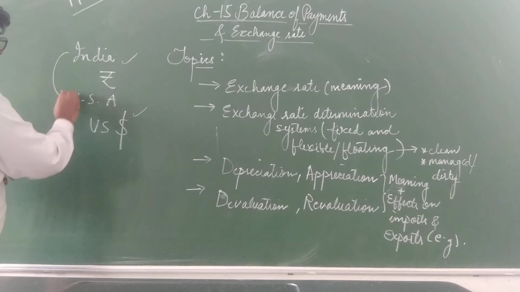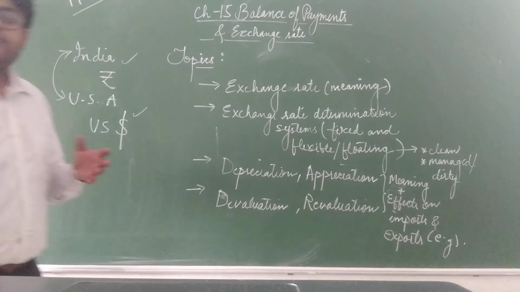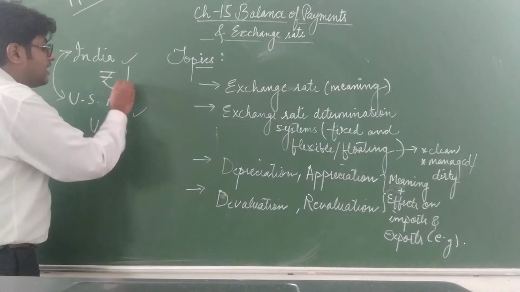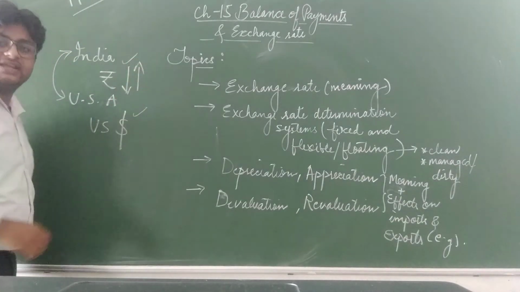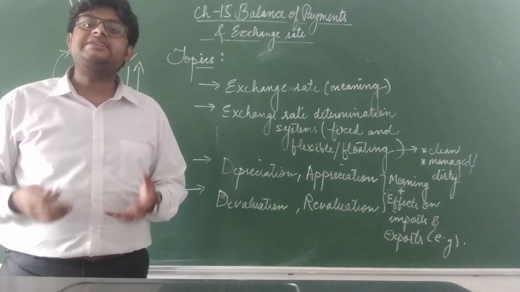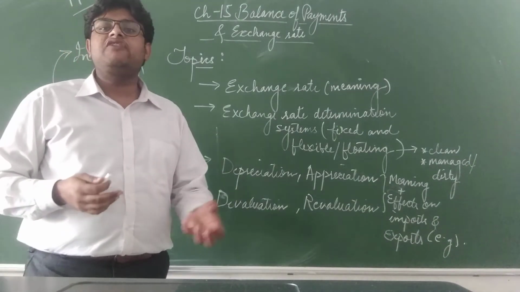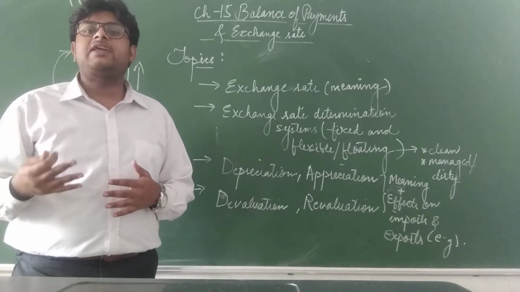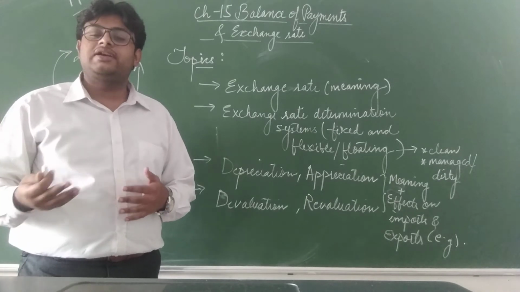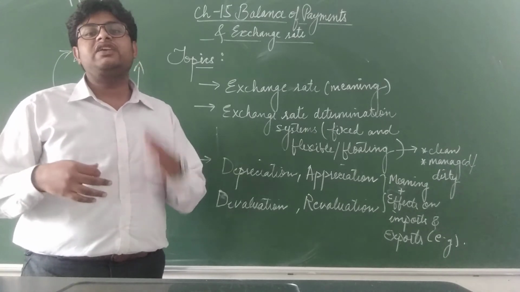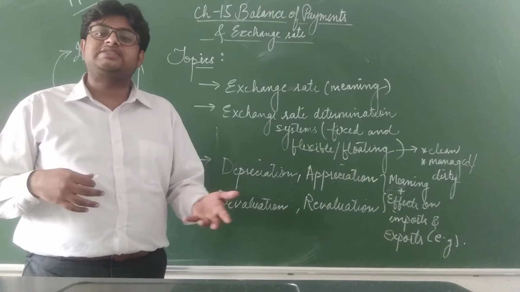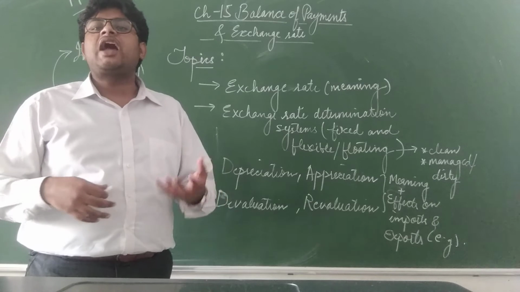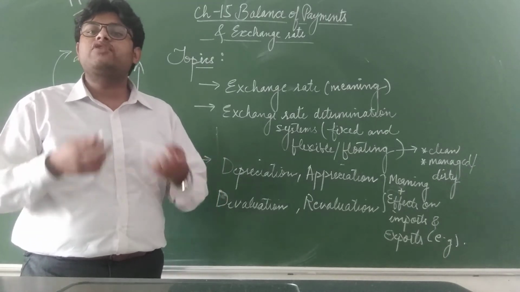If India and the United States are in trade with each other, that means there is some export and import between these two countries, then there will be payments and receipts. For example, if we are importing something from America, then we have to pay them in US dollars. And if we are exporting something to the United States, then they have to pay us in rupees.